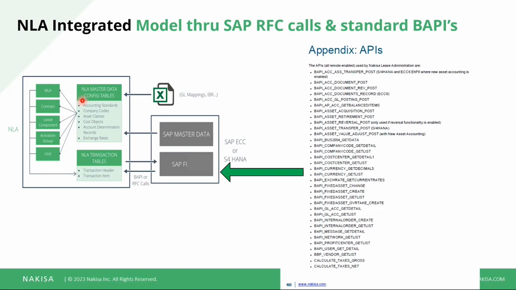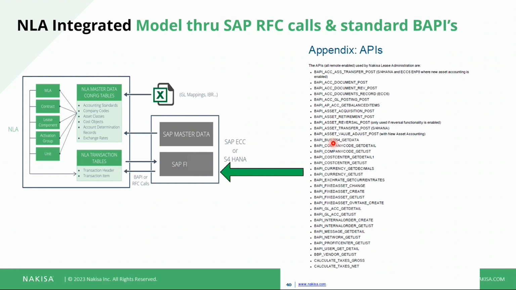Same thing when we post our transactions in our FI or GL or asset accounting system and generate assets, we do it through BAPIs or RFC calls. We reuse all the natural BAPIs that we have in SAP to get this information going from Nakisa into SAP, and from SAP back into Nakisa.